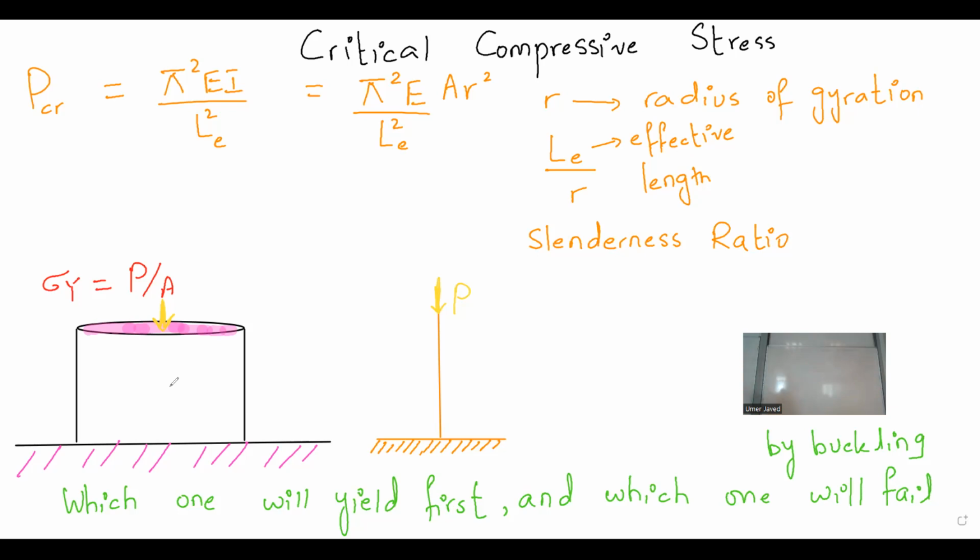So your LE over R for the left one is very, very less, and LE over R for this one is big. So if you have a huge LE over R, the object, if it has to fail, it will fail under buckling. And if your LE over R is very, very less, correct me if I'm wrong, then if it has to fail, it will fail under yielding.